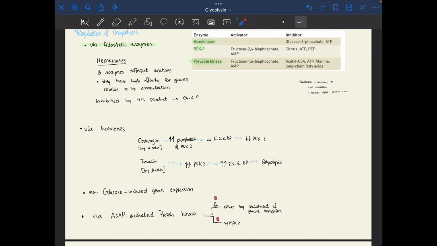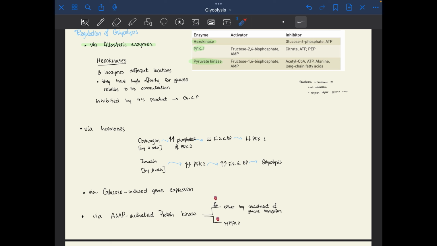Okay, via hormones, basically we have glucagon and insulin. Glucagon is produced by alpha cells in the pancreas, and insulin by beta cells. Glucagon, what's the aim of glucagon? Increase glucose in the blood. So what will it do? It will inhibit glycolysis. Insulin, on the contrary, will activate glycolysis because it will reduce the levels of glucose in the blood.